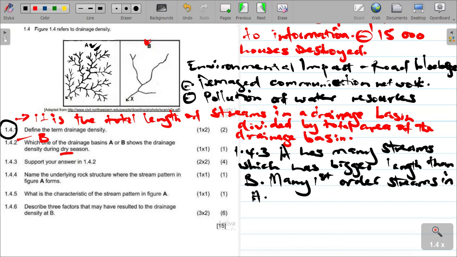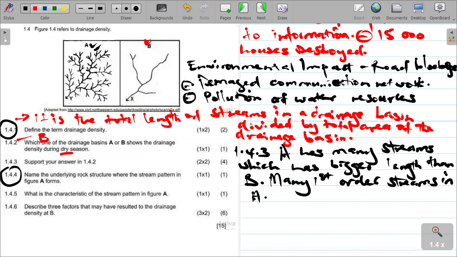And then question 1.4.4, next question. It says: name the underlying rock structure where the stream pattern in figure A forms.